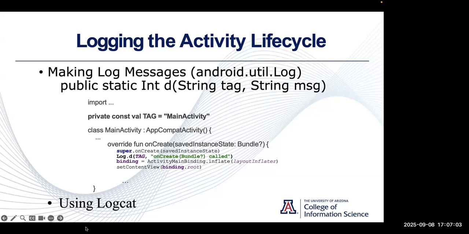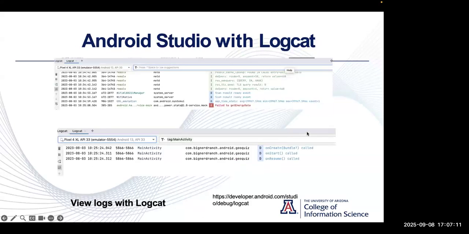Then from here we can use Logcat, and I'll show you where that is to look at the logs that are running for this specific activity. All right, so this is how it looks, or how it used to look. Actually, no, this is how it looks. But I'll show you when we move on to Android Studio.